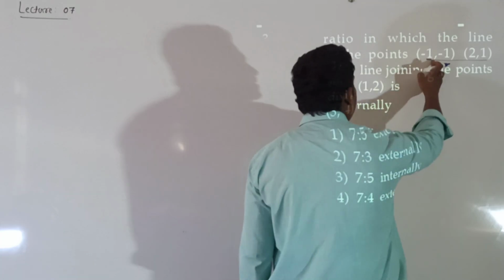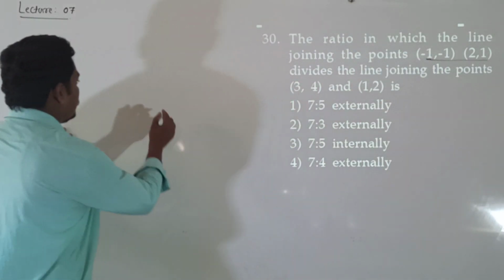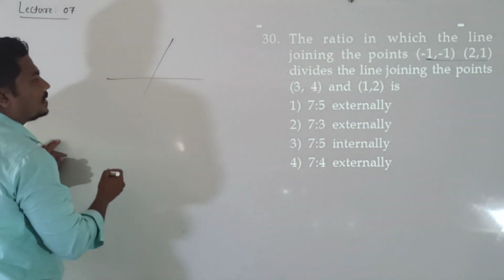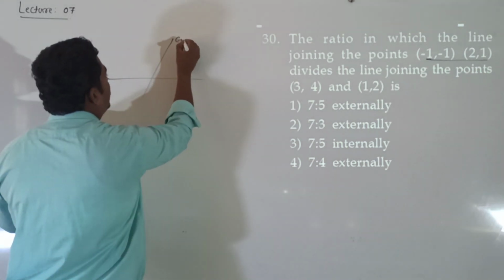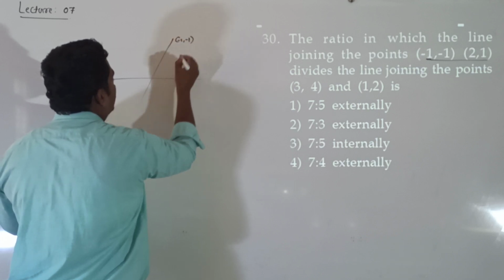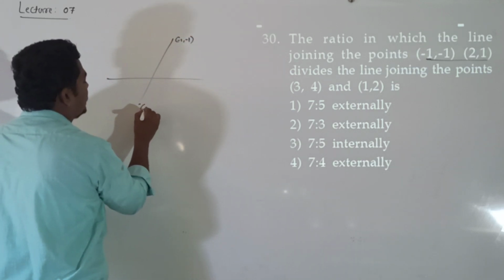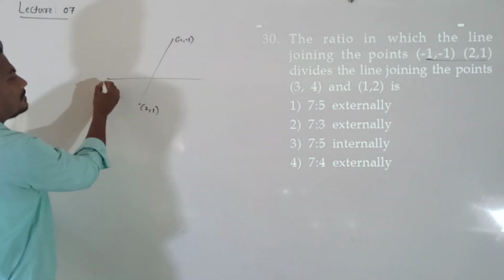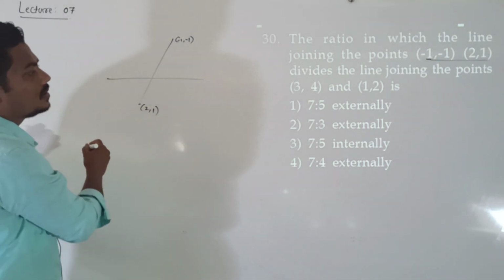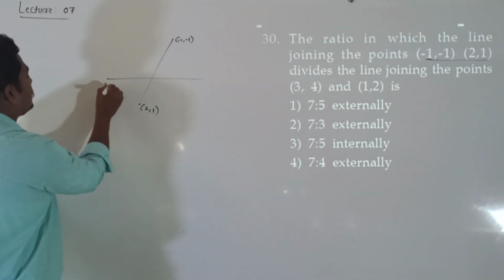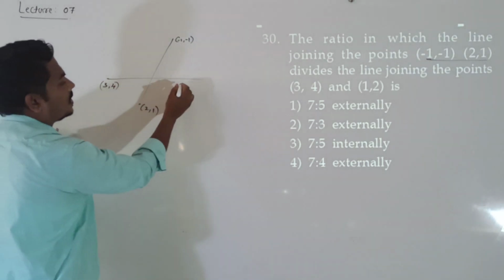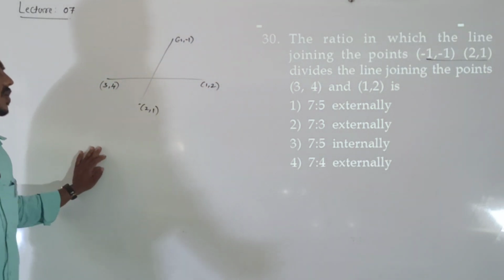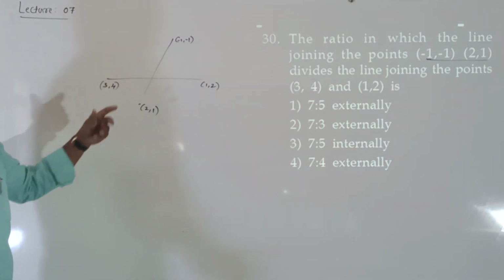Suppose we have the points minus 1 comma minus 1 and 2 comma 1, and another line with points 3 4 and 1 2. In what ratio does this line divide these two?